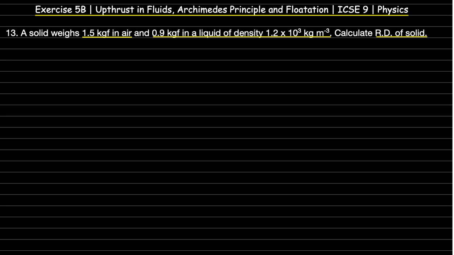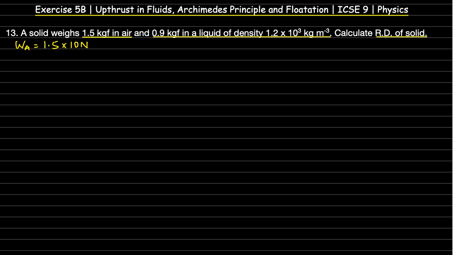Now I would be writing the given data and converting it into SI unit. So weight in air, we would write it as WA is equal to 1.5 into 10 newtons because it is given as 1.5 kgf.